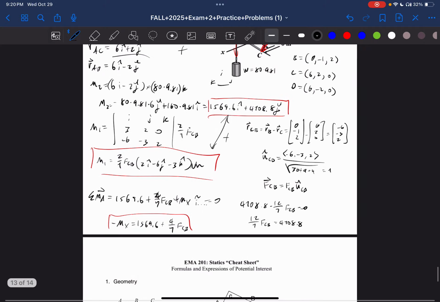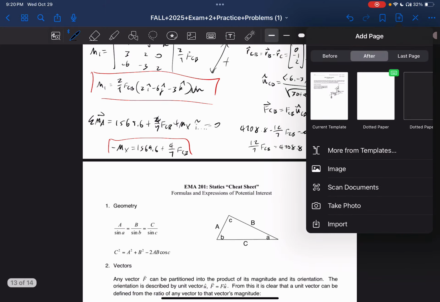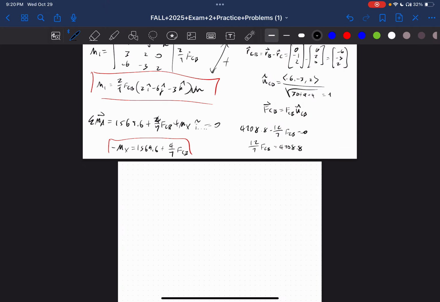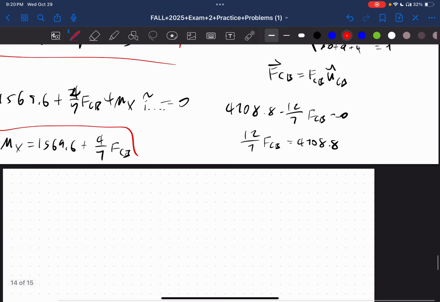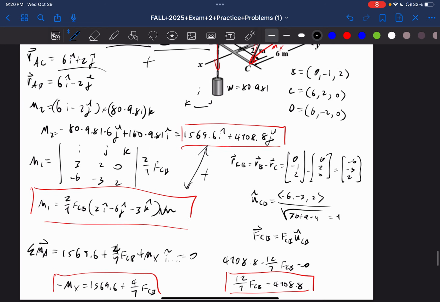And then we set the Z components equal to each other. We have all these equations. Wouldn't it be nice if we could just plug this into our calculator, system equation solve, but it says we need to solve manually, so oh well.